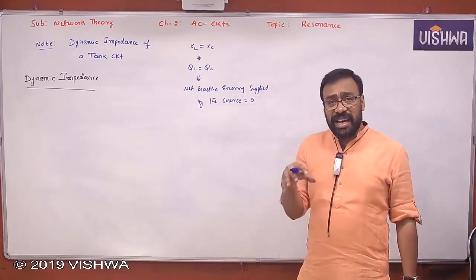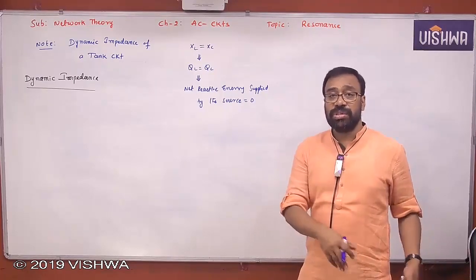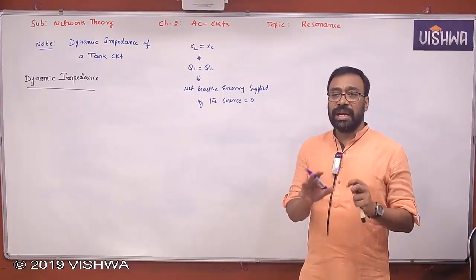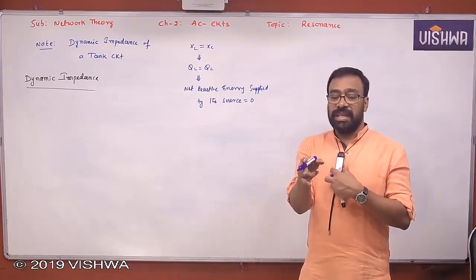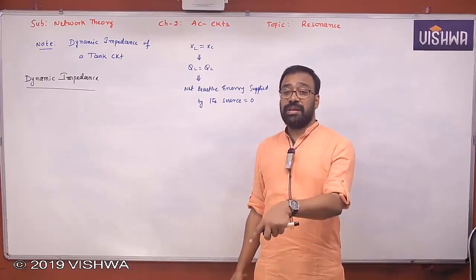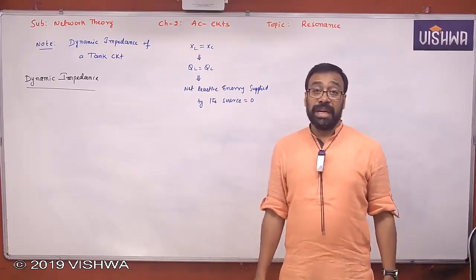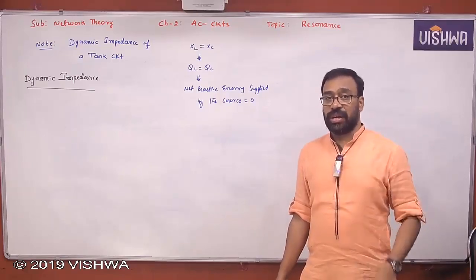See, there is an inductive reactive power demand and a capacitive reactive power demand, but still the source is not supplying. Usually when you connect a resistor, the source will meet the active power demand. When you connect a reactive element, the source has to meet the demand of the reactive power. But here, both reactive powers are there: inductive reactive power as well as capacitive reactive power.